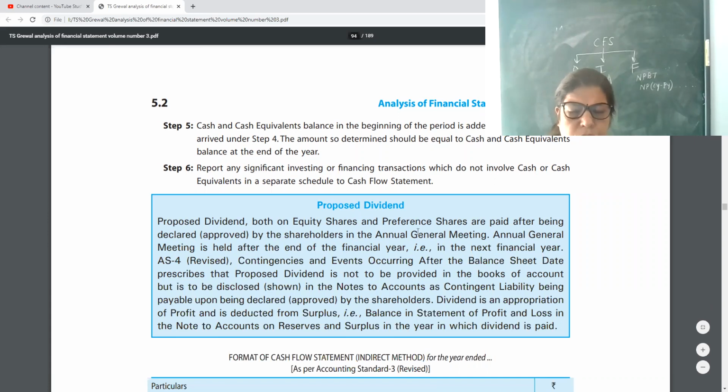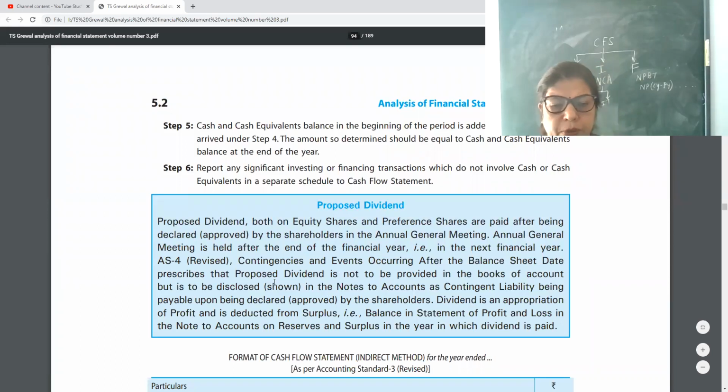See, in few books, that is according to the old pattern, but according to the new pattern, proposed dividend, both on equity share and preference share, are paid after being declared by the shareholders in the AGM, annual general meeting. AGM is held after the end of every financial year.